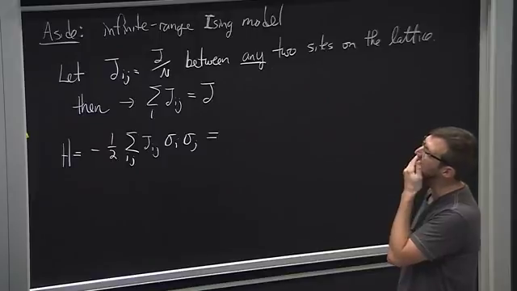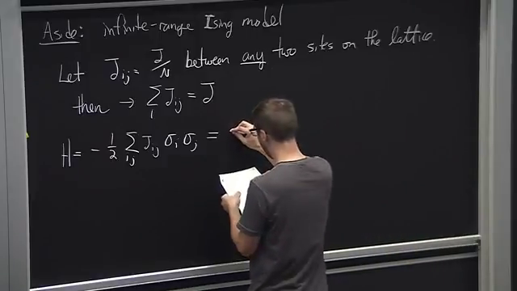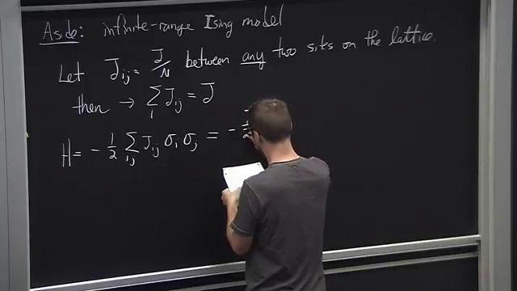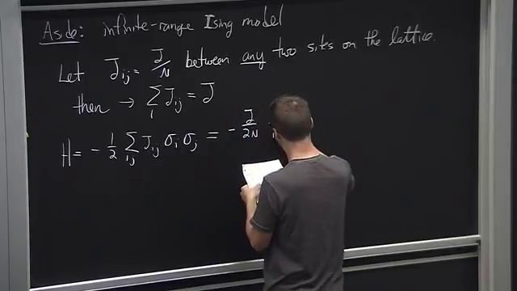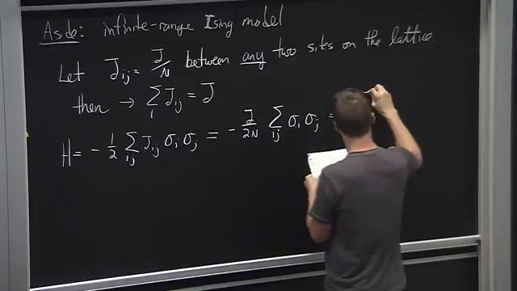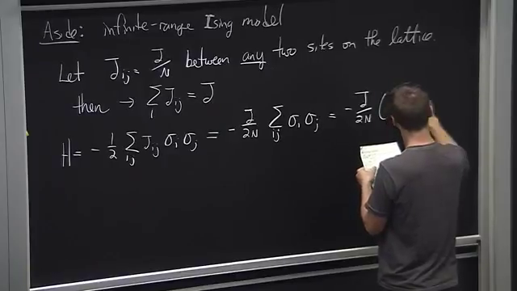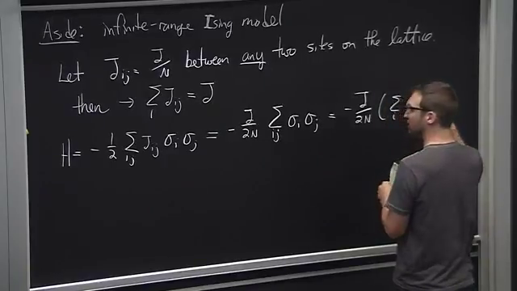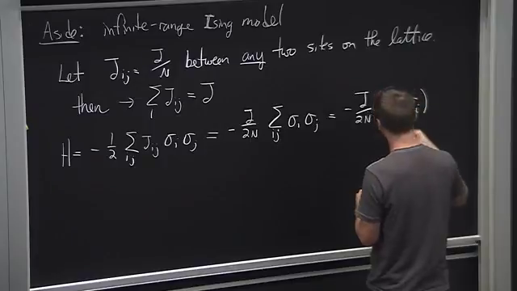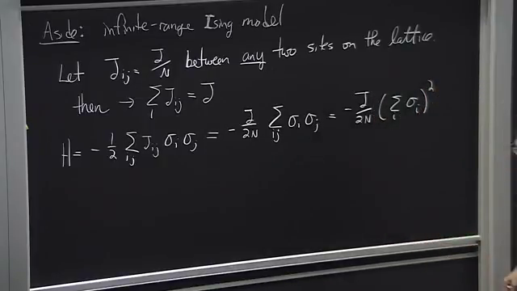I'm going to say no. So I have two independent sums, one over i, one over j: sigma i, sigma j.